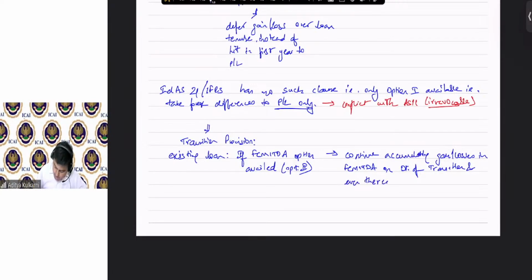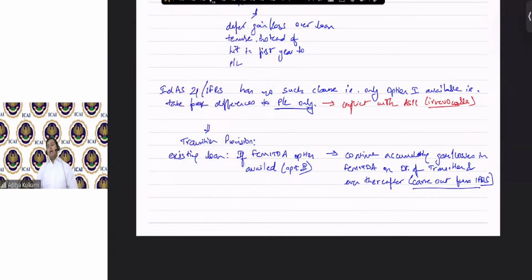Even thereafter. This is carved out from IFRS. That means from IFRS 1, this is a carve out that we are having. Are we clear with this?